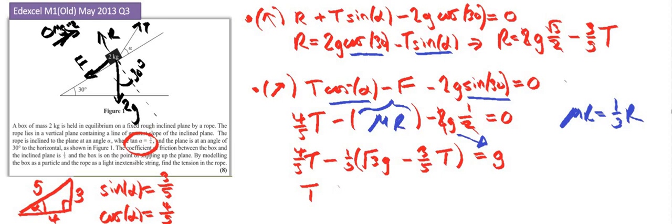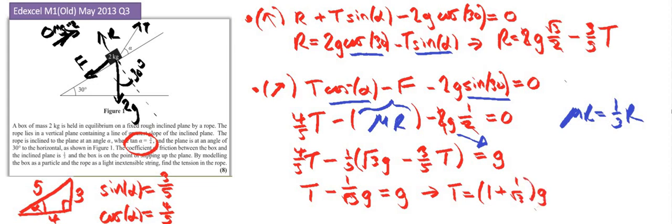And I've got T minus 1/√3 times g equals g. If I rewrite that, T equals 1 plus 1/√3 times g. And that is the tension in the rope as requested.